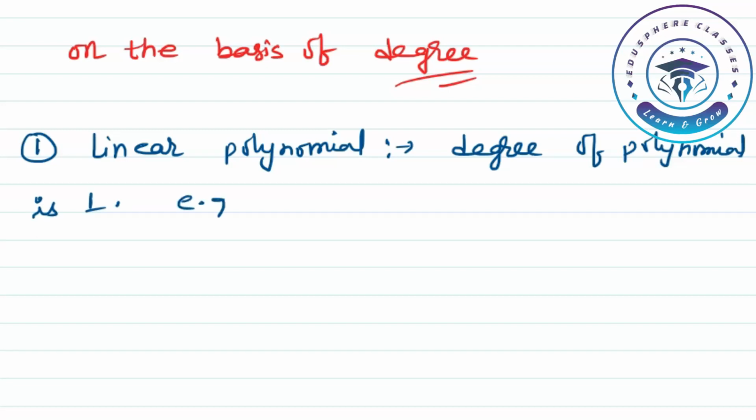For example, 3x plus 5, 2x, 9x minus 1, these are linear polynomials.